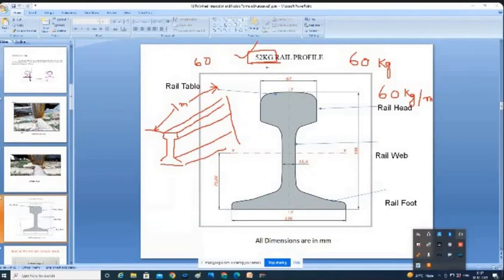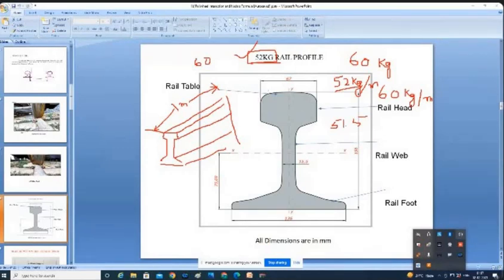So technically speaking, 52 kg rail is 52 kg per meter length. That means if you weigh a 1 meter length of rail piece, it is approximately 52 kg. Suppose you get 51.5, it does not mean that it is not a 52 kg rail.